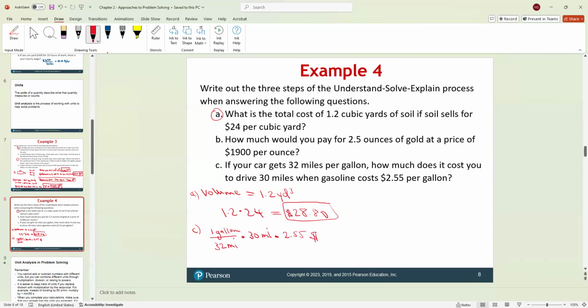So what you need to see here, there is a way you can cancel out the miles, right? That means what we do here is multiply 30 with 2.55 and divide it by 32. So that gives us 30 times 2.55 divided by 32. So that's how. Remember, miles is gone, then we're gonna have only dollar left.